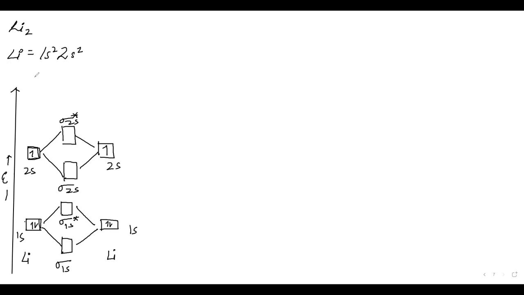Now tell me how many total electrons for Li2? 6, right? 1 2 3 4 5 6, correct? Okay, now start filling. 1 2 3 4 5 6. Now you tell me bond order is equal to how much?